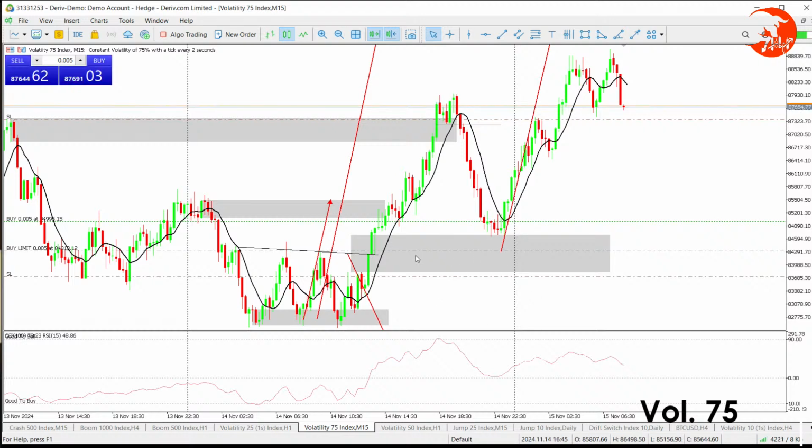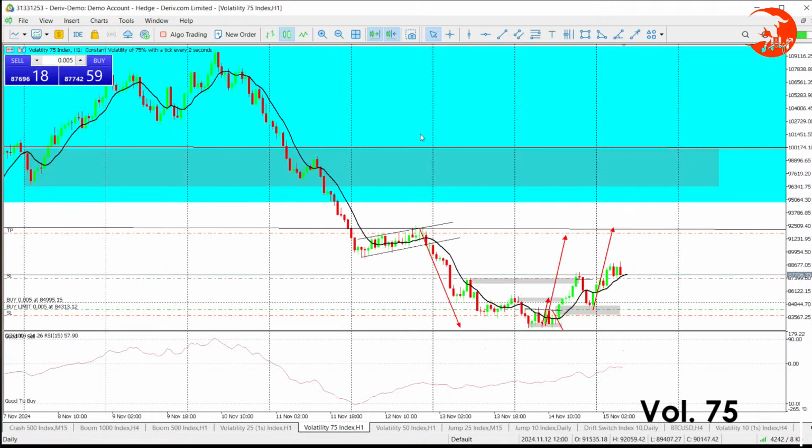The reason I entered here is that this was a return to a fair value gap after a change of character. That was a fair value gap there, and this was a change of character here. So it returned here and then went straight into the buy. So it was a sniper entry there.